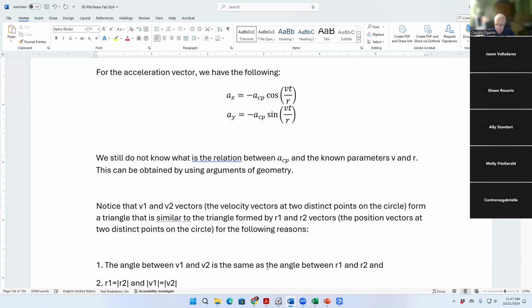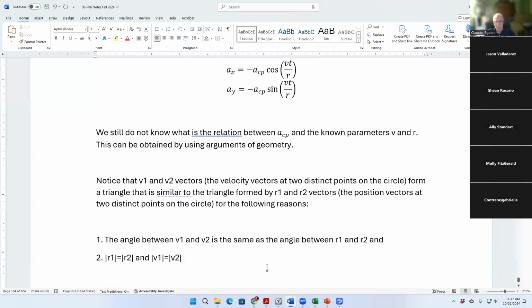Their lengths, here you go, their lengths must be the same as well. Okay, forming isosceles triangles, two isosceles triangles.